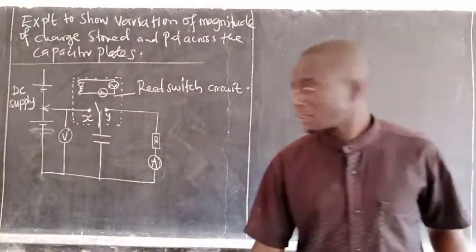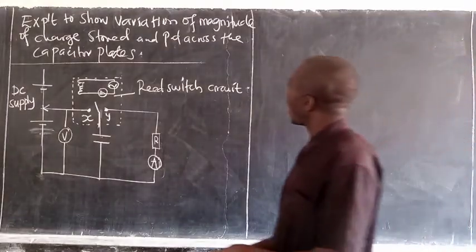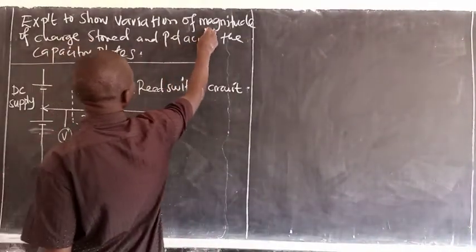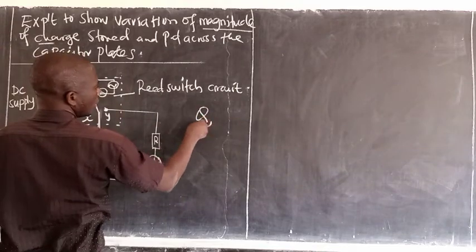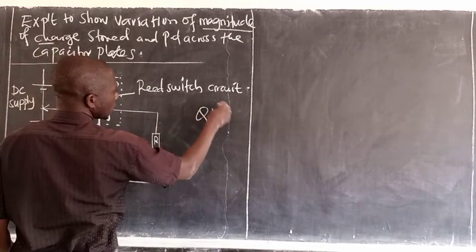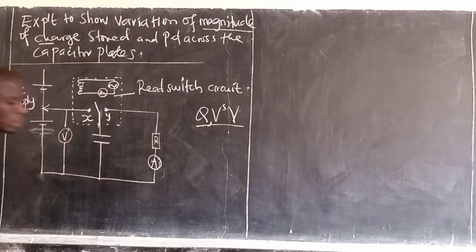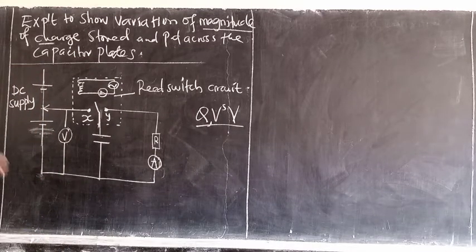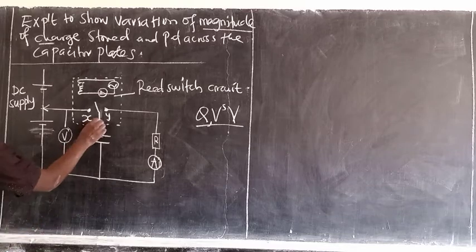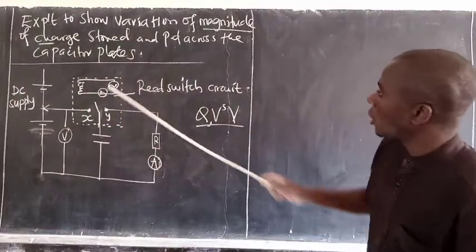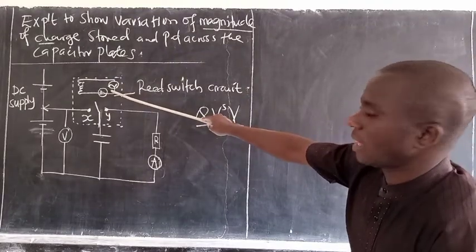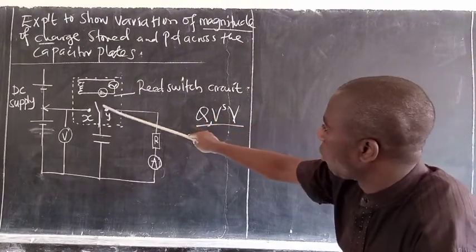So what happens? We want to see how the magnitude of charge varies with potential difference. If I increase the potential difference, does the magnitude of charge increase or does it reduce? So how do we do this? It is as simple as this one will be giving us a certain frequency at which this one will be vibrating.